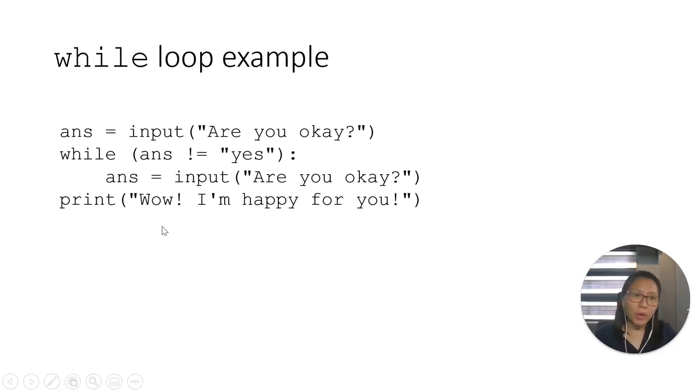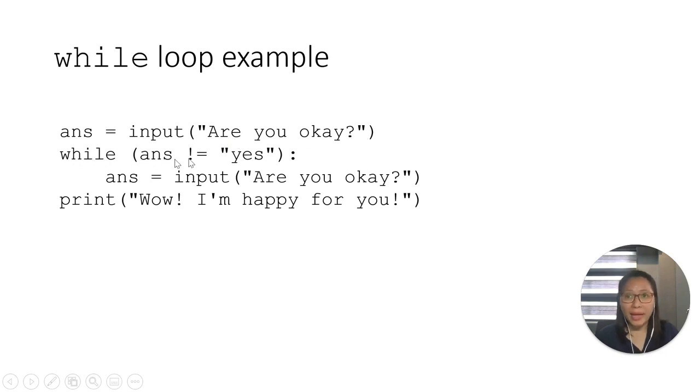So if we're going to translate our solution, which I showed earlier, we can write it in this manner in Python. So this is the code that is equivalent to the flow chart I showed previously. So here, ans gets input, are you okay?